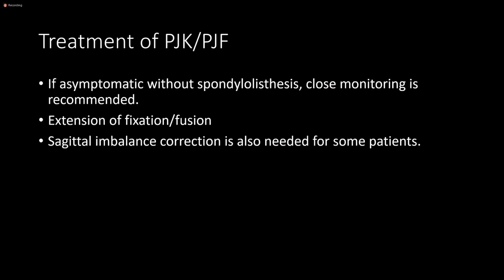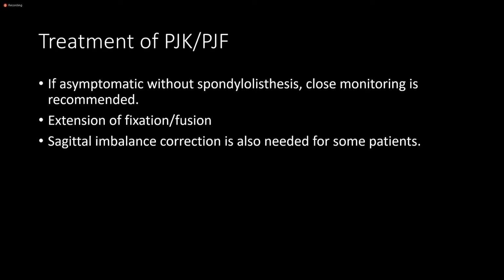Since we really don't have a good way to prevent it, whenever PJK and PJF happen, we have to deal with it, we have to treat. In my understanding, if they are completely asymptomatic without spondylolisthesis, I really don't want to do any more surgery. I watch the patient closely.